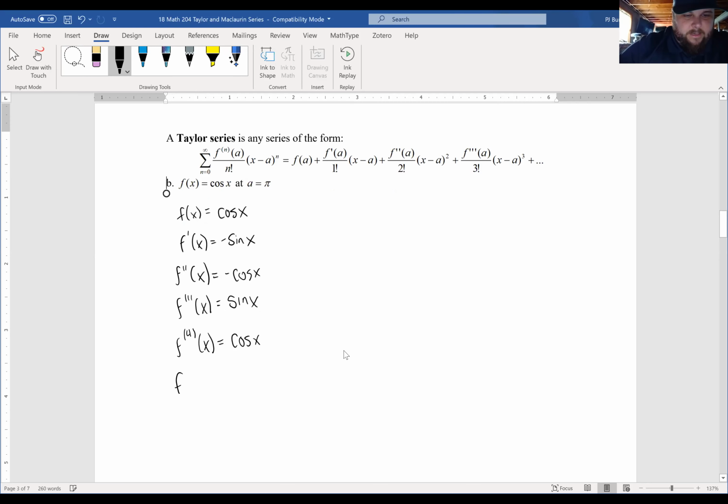And I think we're going to need maybe 2 more. The reason I say that is because I want to always have at the very least 3 to 4 terms that I get out of these. So those are all my derivatives.